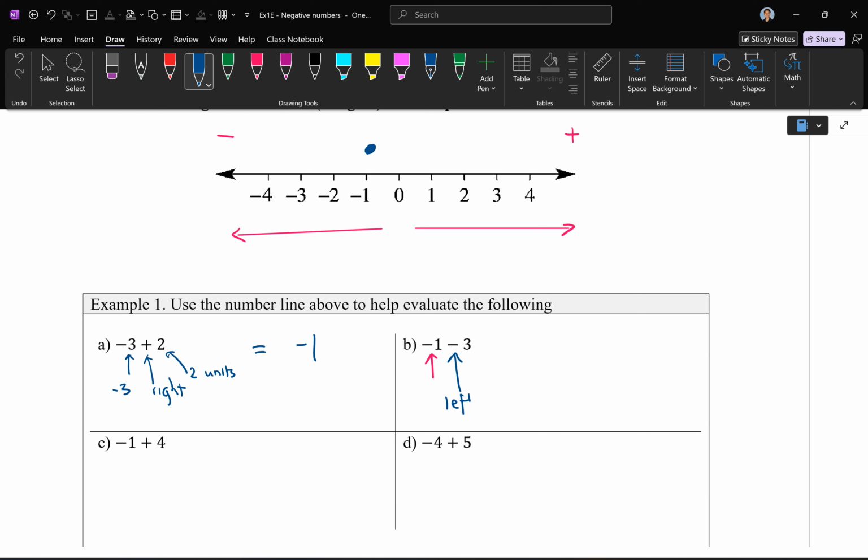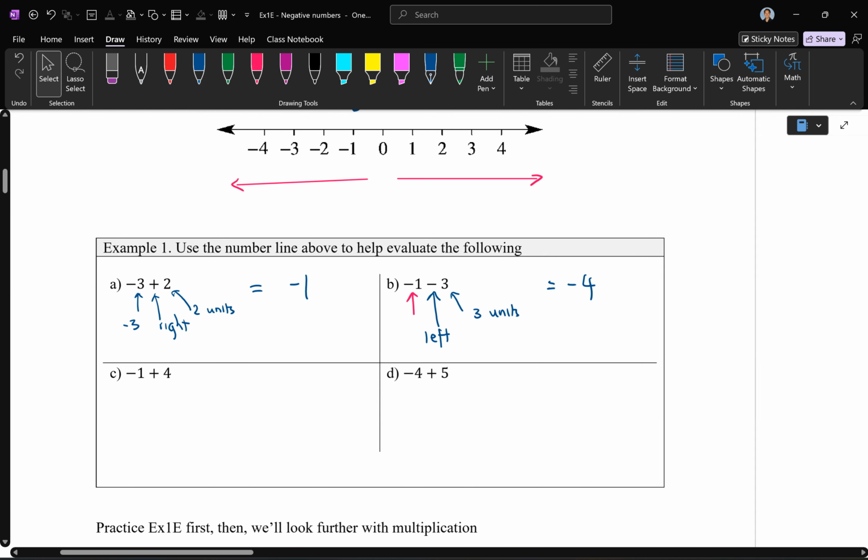So I'm going to the left by 3 units. So if you count it, starting from negative 1, 1, 2, 3, that's almost like saying 1 plus 3, but in this direction, 1 plus 3 is 4. That's why we know the answer has to be negative, but it's a negative 4. Okay, so negative 1 minus 3 is negative 4.